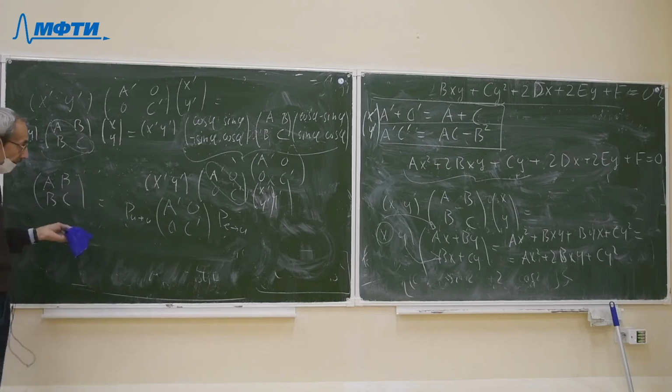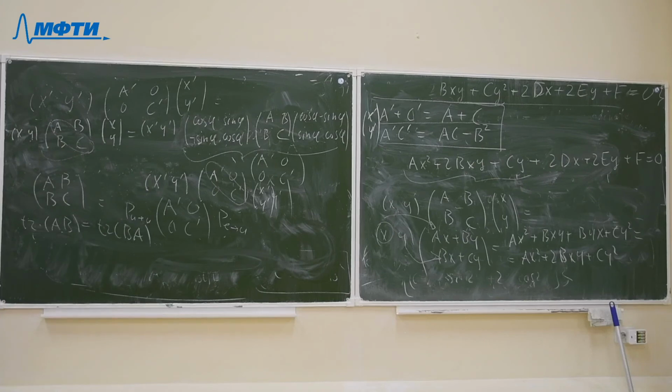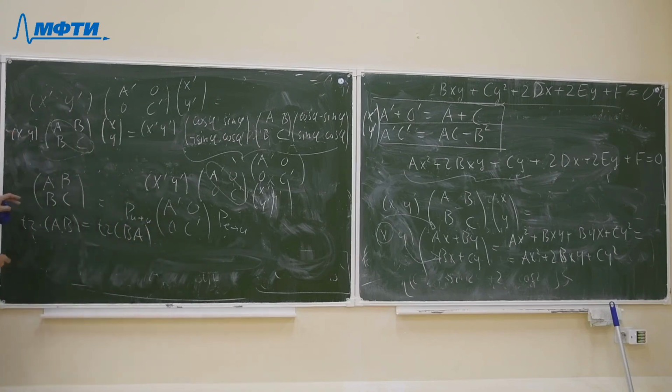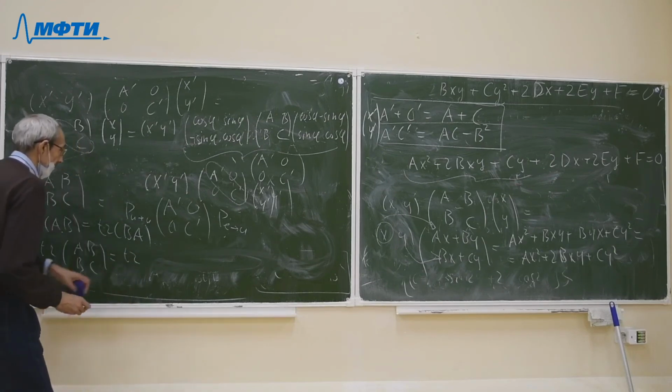And we have the following property of the trace. The trace of the product of matrices AB is equal to the trace of the product of the matrices in the inverse order. And from this property, we obtain that the trace of this matrix and this matrix is equal. If I apply the trace to the left side and the right side, I obtain this.